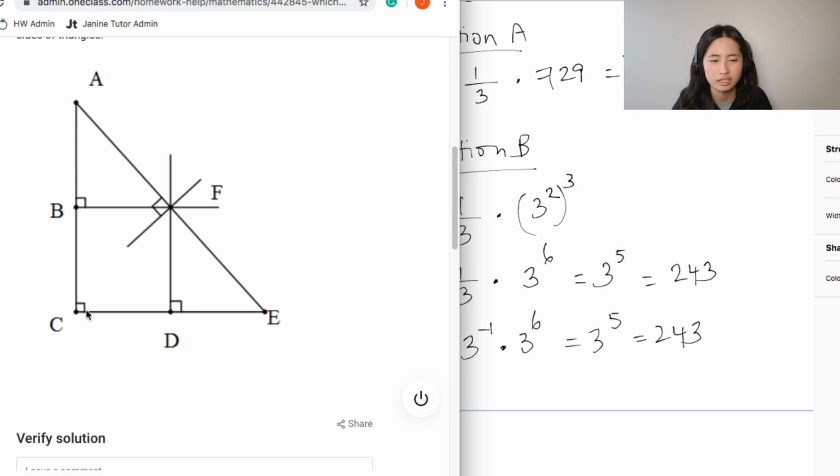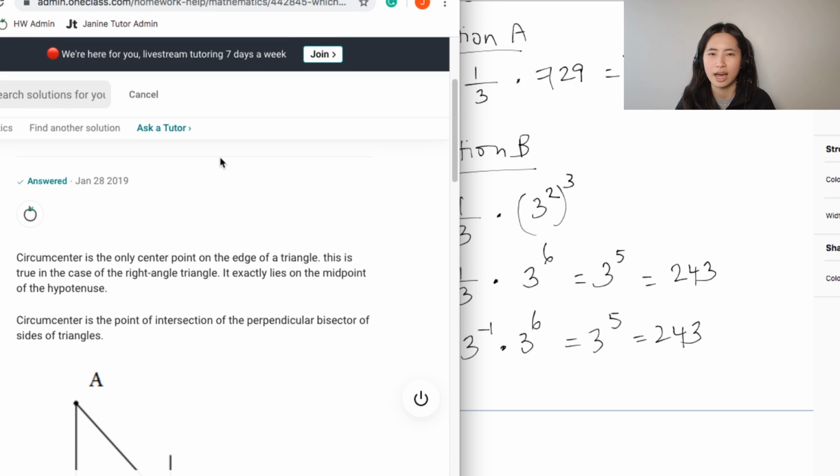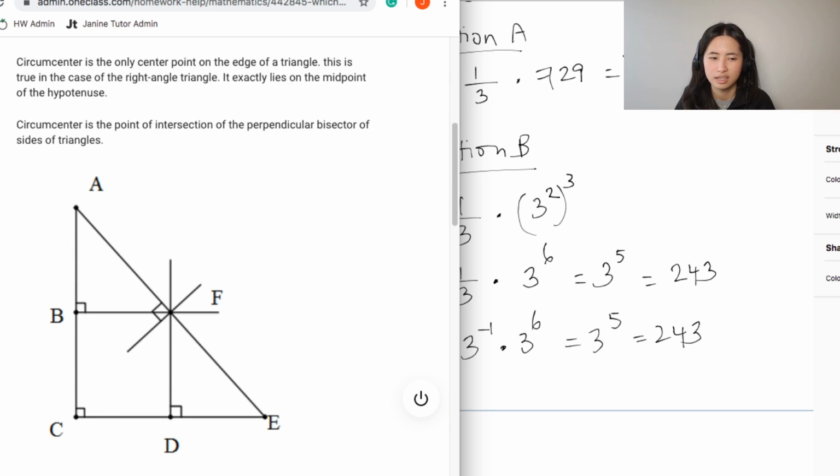It's a right triangle. Anytime you have a right triangle, if you have a circumcenter, that means you have a circle that is outside and you have your triangle inside, right?